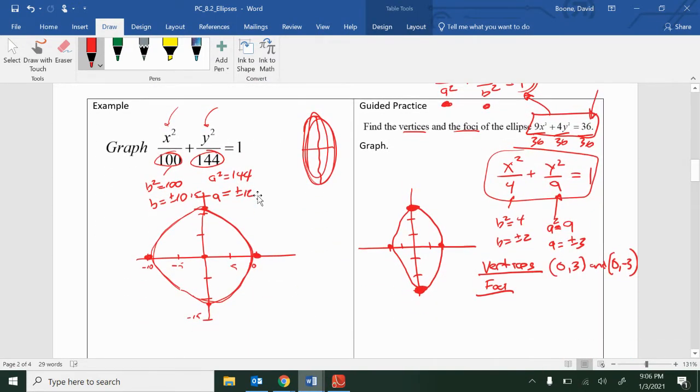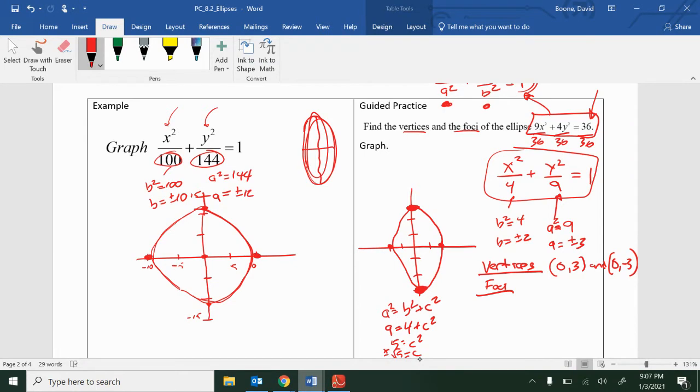That's where we've got to figure out what that C value is, because we're going to have those foci somewhere inside here. So I'm going to have to utilize that formula of a squared equals b squared plus c squared. So we've got all these numbers over here. The a squared is 9, the b squared was 4. So subtract, and c squared is 5. So c is plus or minus the square root of 5.